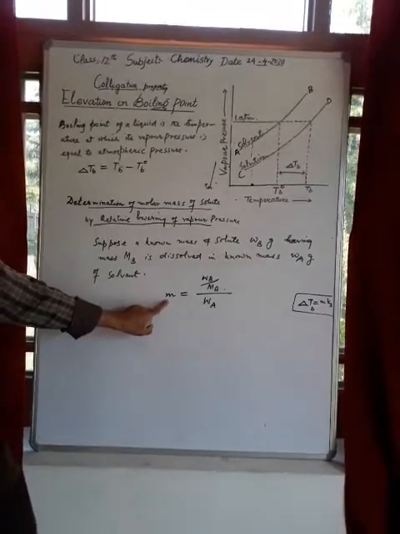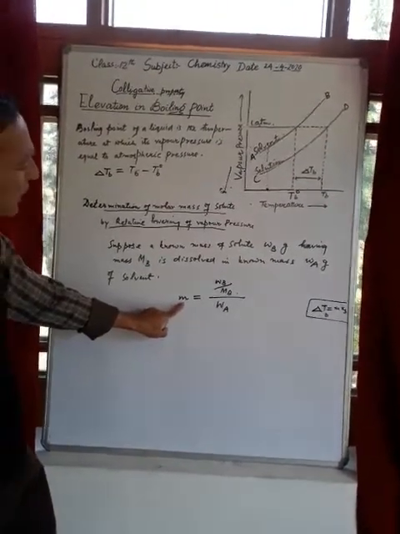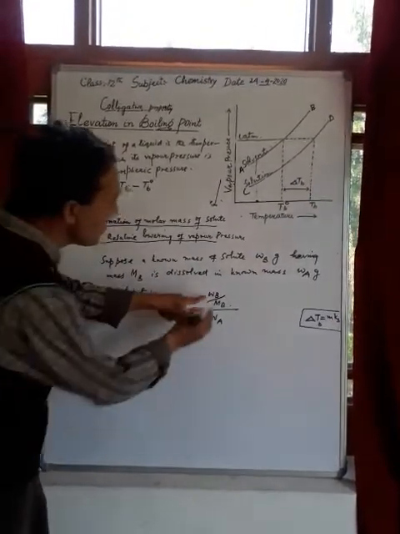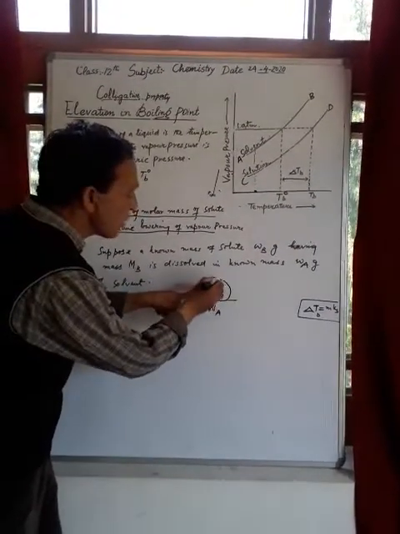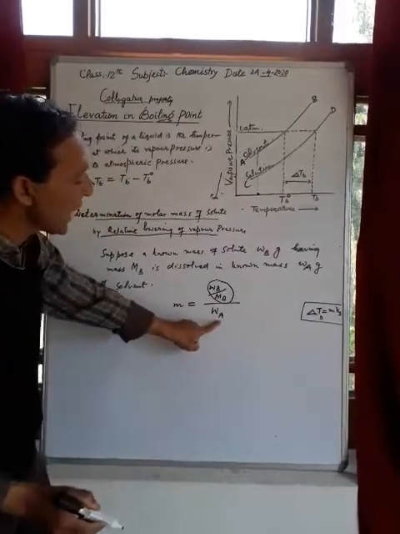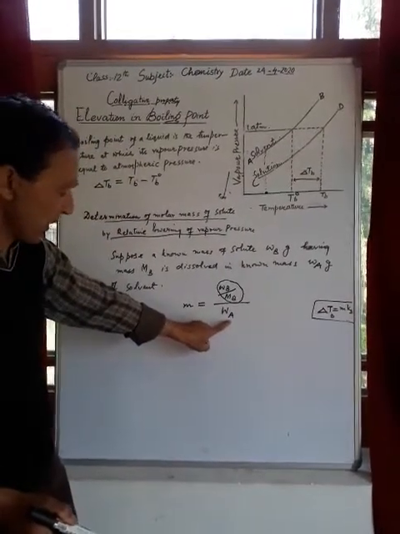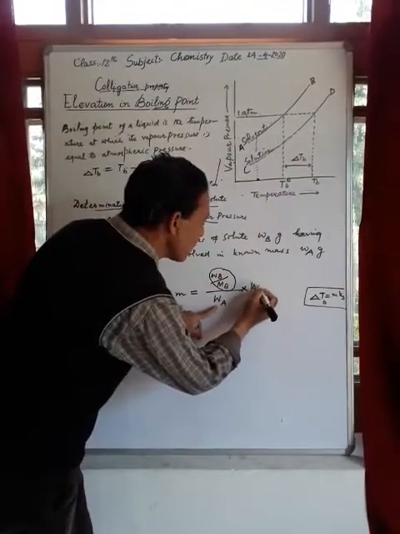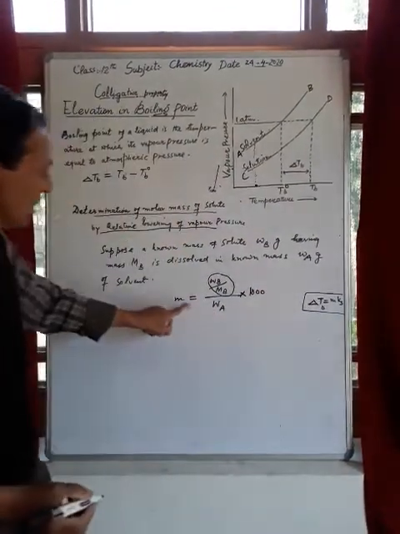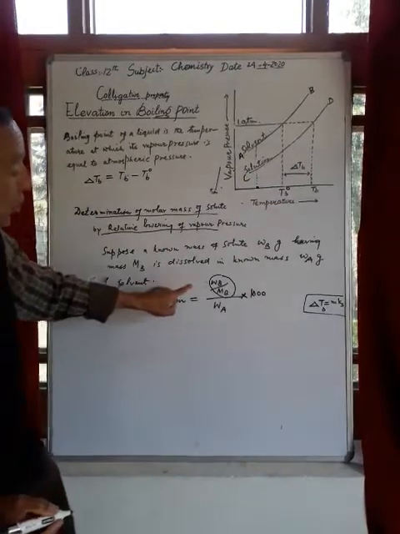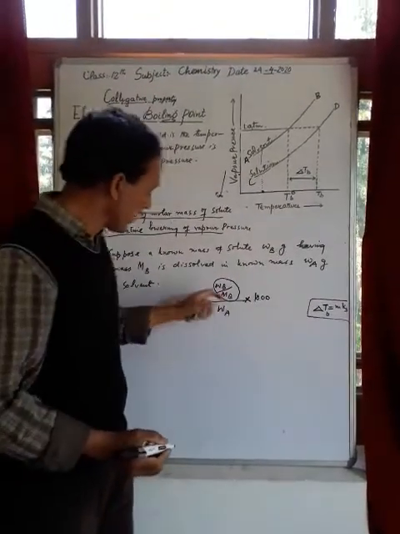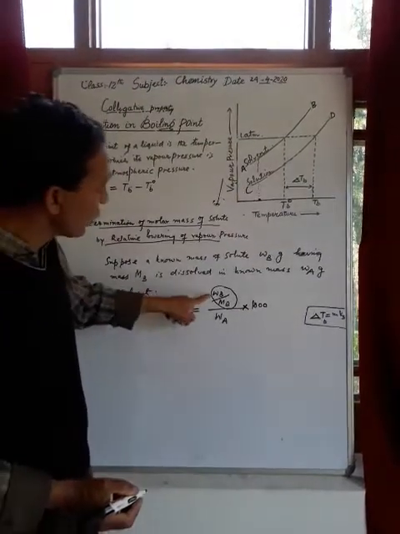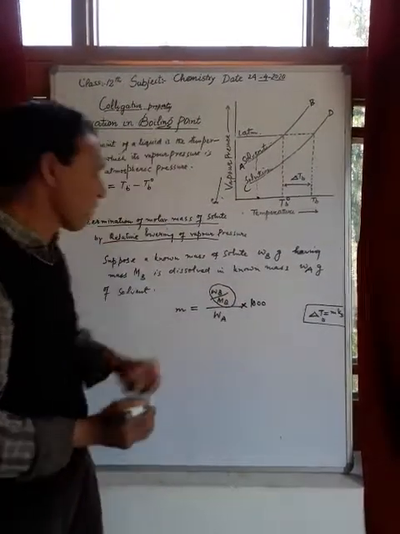It is the number of moles of the solute dissolved in 1000 grams of the solvent.